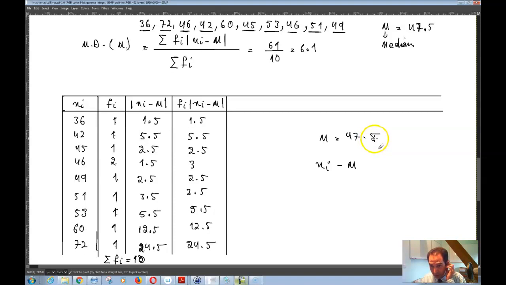You want to get rid of that. So whenever I want to calculate, I simply calculate, for example, 36 minus 47, and then add the 0.5 back in the end. So 36 minus 47, I know it's equal to negative 11.